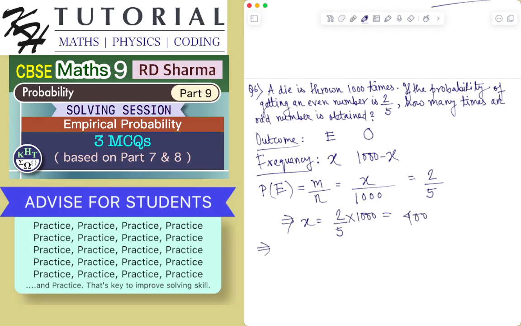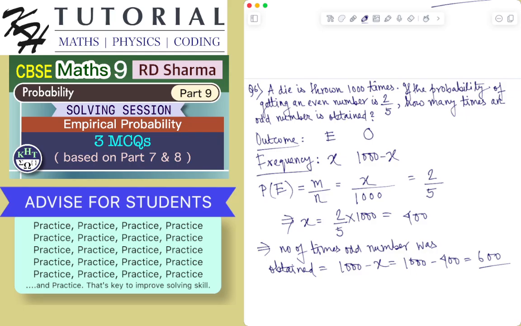So clearly, the number of times an odd number was obtained is equal to 1000 minus x, which is 1000 minus 400, which is 600.